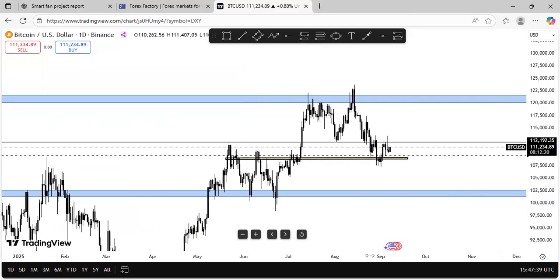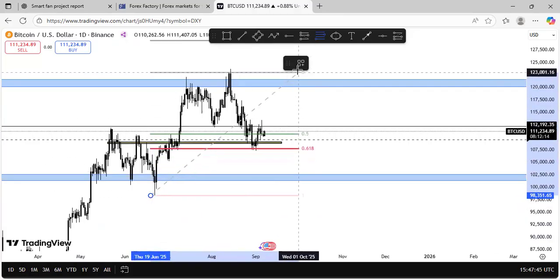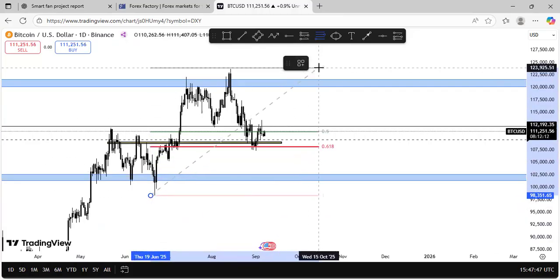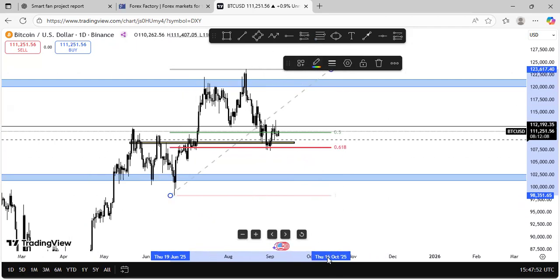But from my Fibonacci, I didn't expect BTC to fall to that level. You might want to call it a reversal pattern, but it's just BTC retracing to this level. Simple.